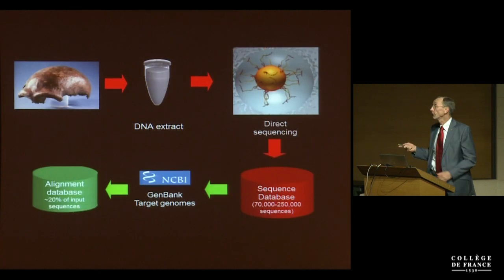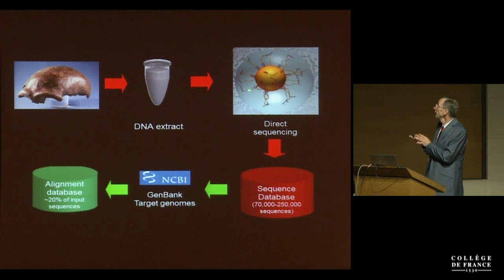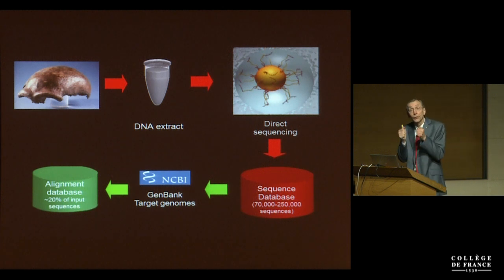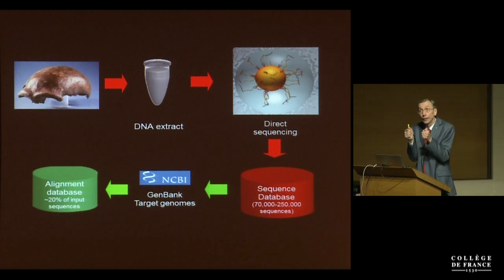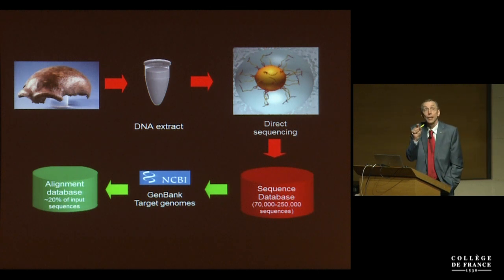So you could then start thinking about extracting the total DNA from such a specimen, sequencing all the DNA that's hiding in the bone, making a little data bank, and start comparing that data bank to the human genome that was now sequenced to see which molecules of DNA might come from the Neanderthal.